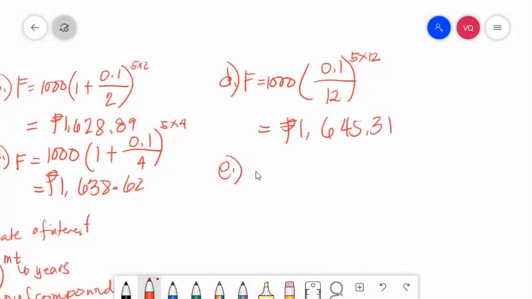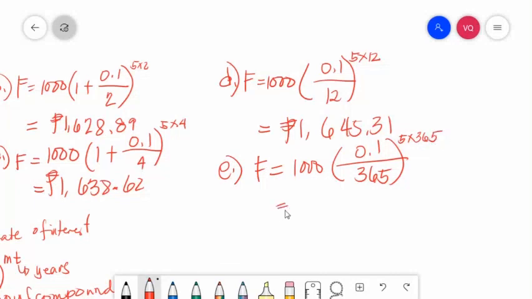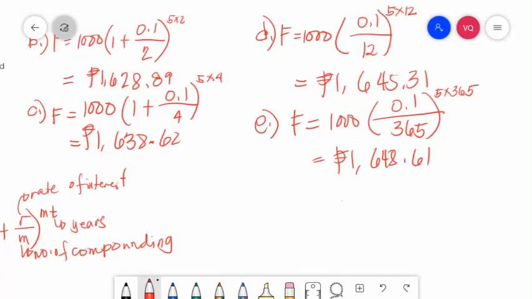In letter E, daily, so F is equal to 1,000 pesos multiplied by (1 plus 0.1 divided by 365) raised to 5 times 365. So that is equal to 1,648.61 pesos. Letter F, continuous.